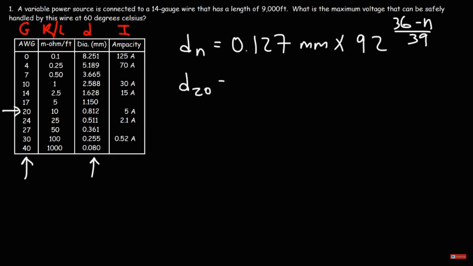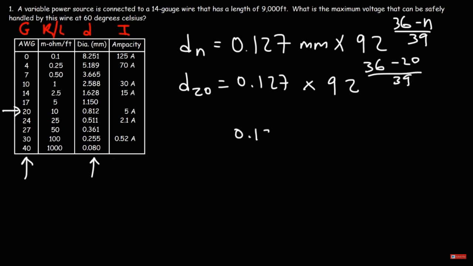So n is going to be 20. So this is going to be 0.127 times 92 raised to the 36 minus 20 over 39. 36 minus 20 is 16, and 16 divided by 39 is a long decimal number, so I'm going to leave it like this.